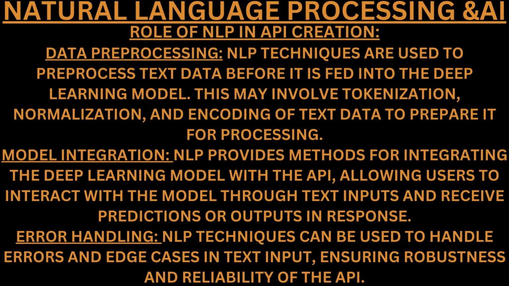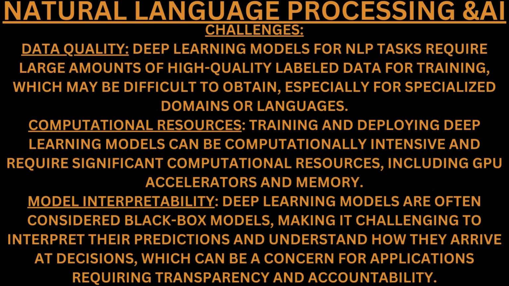NLP provides methods for integrating the deep learning model with the API, allowing users to interact with the model through text inputs and receive predictions or outputs in response. Error handling. NLP techniques can be used to handle errors and edge cases in text input, ensuring robustness and reliability of the API. Challenges. Data quality.